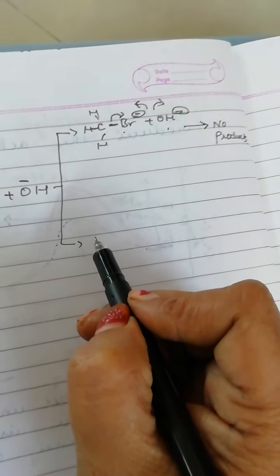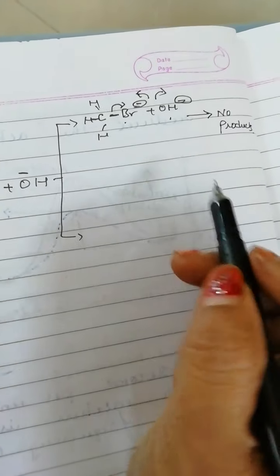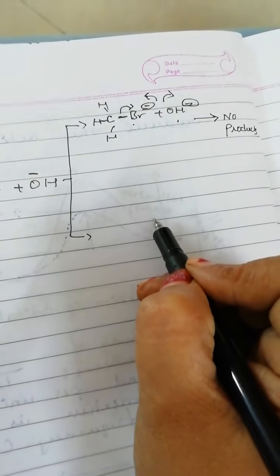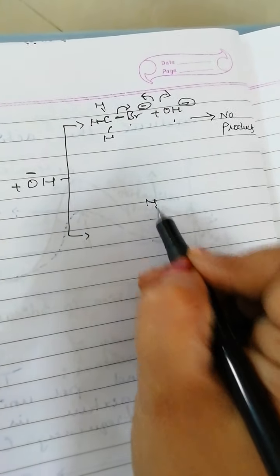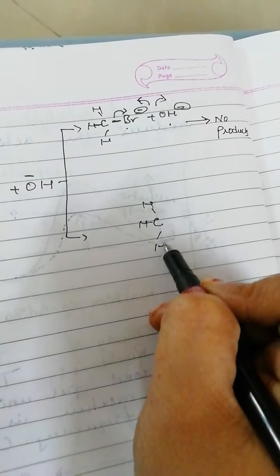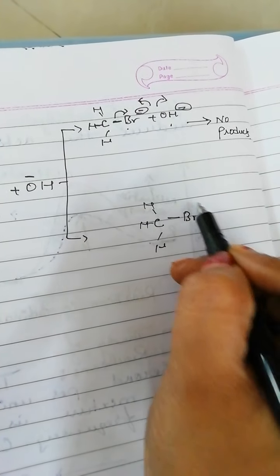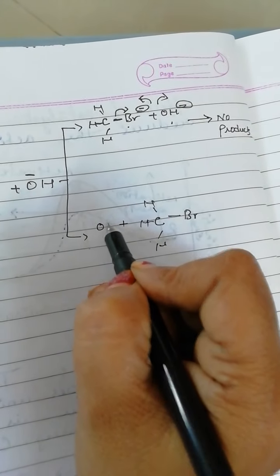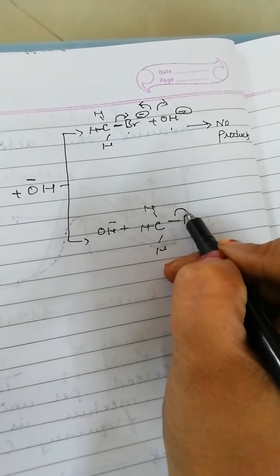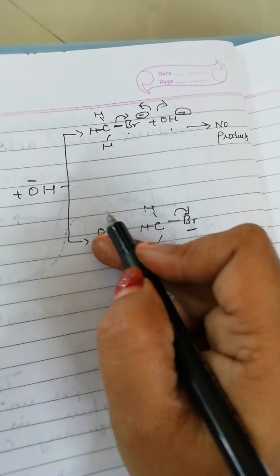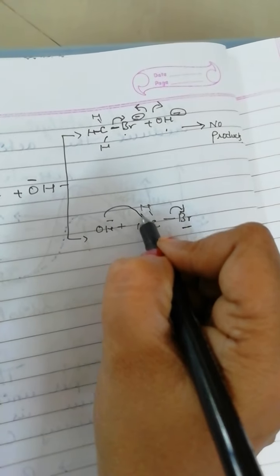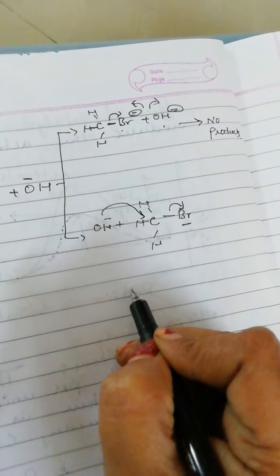Similarly, if the OH is attacking from a different way, for example, C, hydrogen and Br. Now OH is attacking in a different manner. Now if you see, the bromide ion, which is a nucleophile, is on the other side and the OH minus is attacking from the back side. As a result, what happens?